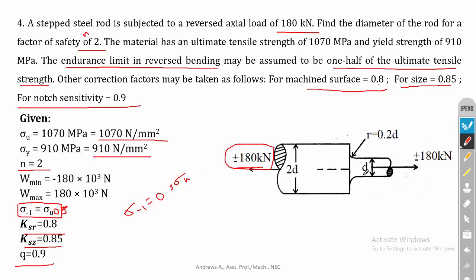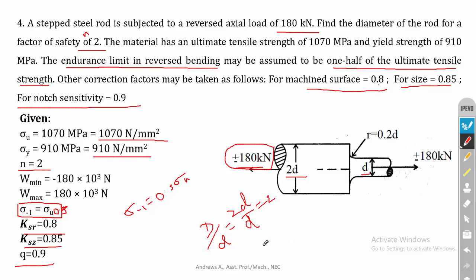So here also we have to find the diameters, and remember that here the capital D is 2D and small d is D. So when you calculate capital D by small d, that is equal to 2D divided by D, so that is equal to 2. So this is how you have to calculate.